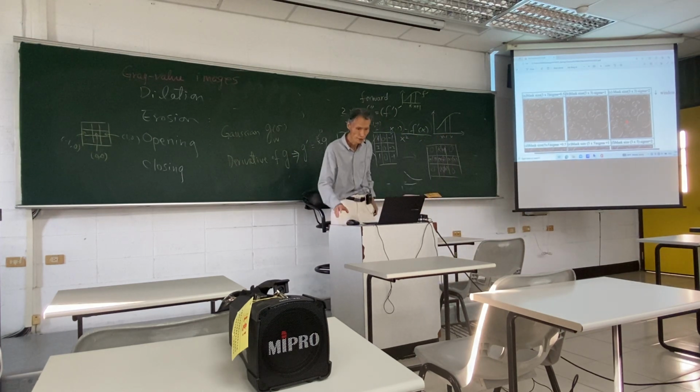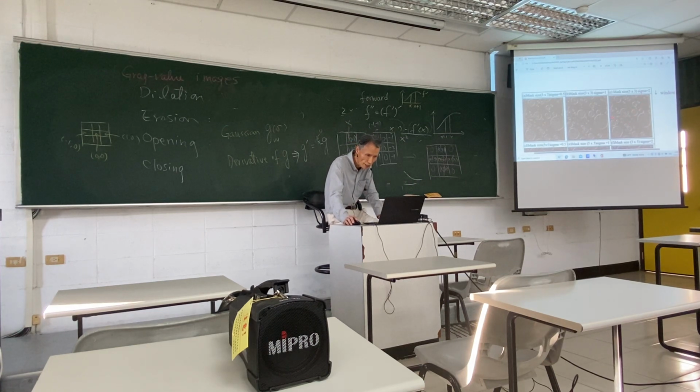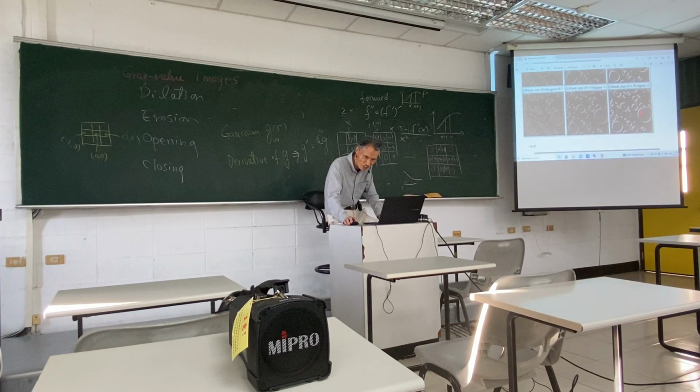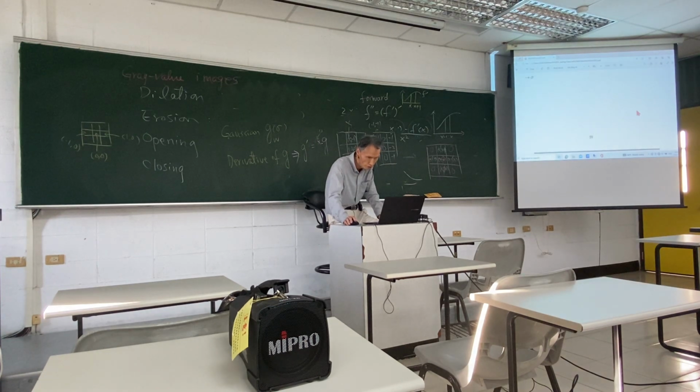If the window size is small, you can see fine edges, and somehow you can reduce more noise, and with a large mask size, you can see thick edges. So it depends on how you are going to use it.